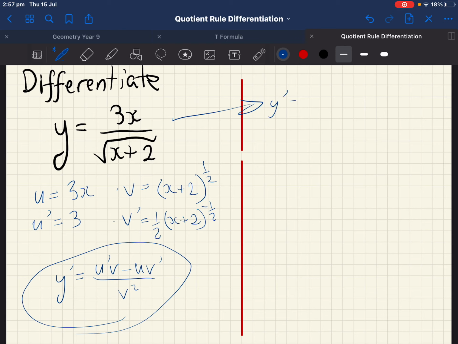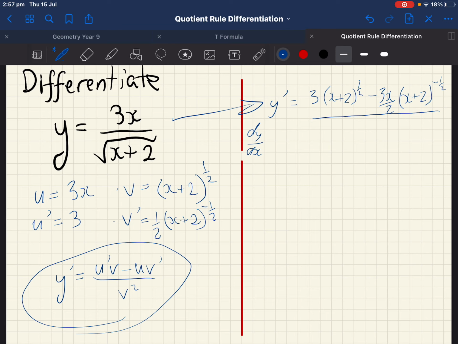So y dash is going to be, or I should say dy dx, depending on what notation we're going to use. Y dash is going to be equal to u dash v minus u v dash, which ends up being a half x plus 2 to the minus a half, and the whole thing will be divided by v squared.